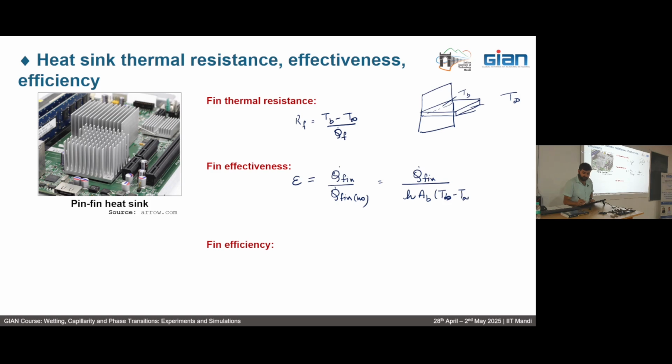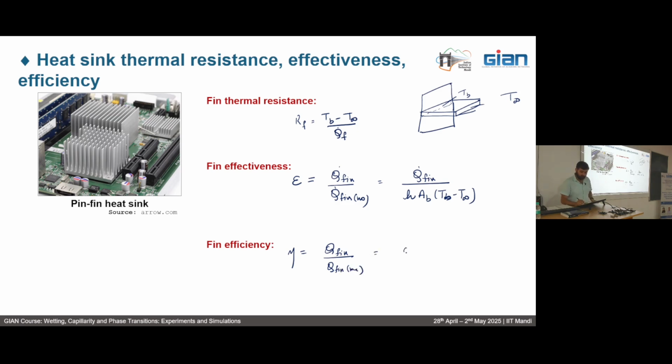So it is given as Q fin over H times area of the base times (Tb minus T infinity), right? Usually it's prescribed that only if the fin effectiveness is greater than 2, then use the fin. Otherwise, the use of fin is not suggested because of various economic and other design parameters. Fin efficiency is defined as the heat transfer which occurs from the fin to the maximum heat transfer that is possible.